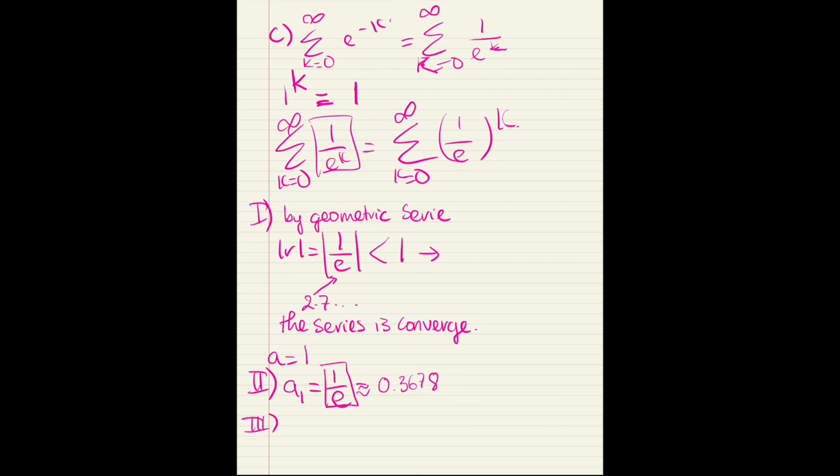And you know this one is convergent, so the series of e to the minus k equals a over 1 minus r, which is 1 over 1 minus 1 over e, approximately 1.582.